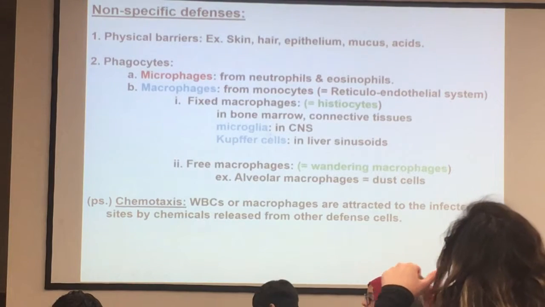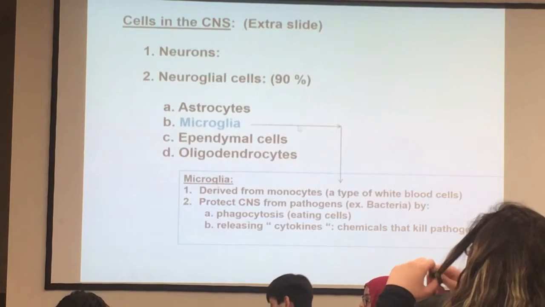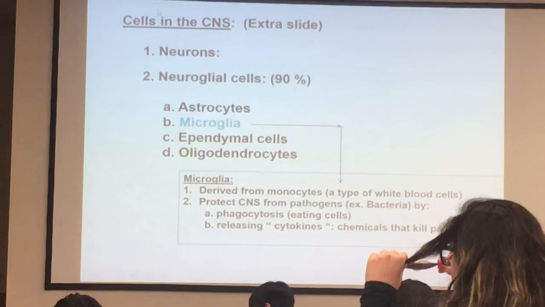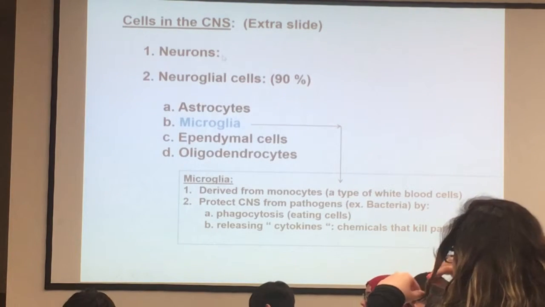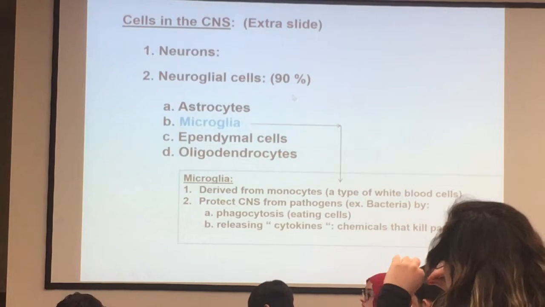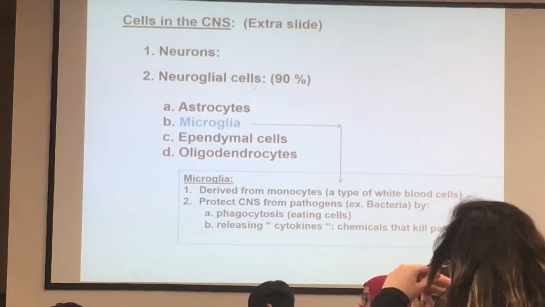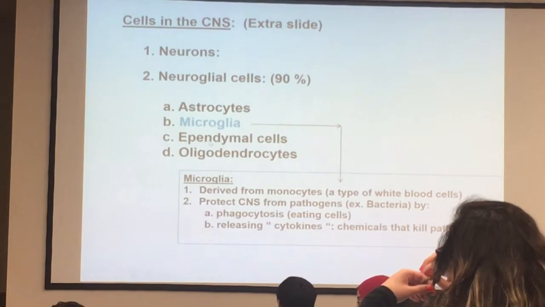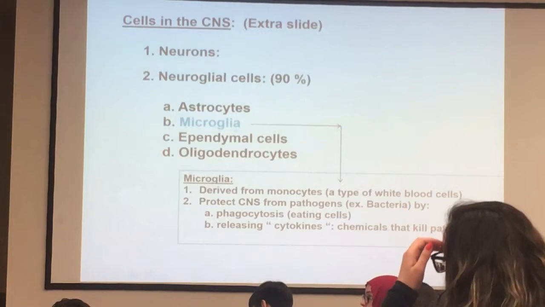It's a special cell in the brain, in the central nervous system. In the brain, we have 10% neuron as nerve cells and 90% supporting cells we call neuroglia. And we have different types: astrocyte, microglia, ependyma, oligodendrocyte. I think you all know this from AP1, right? Microglia is the one we focus on.